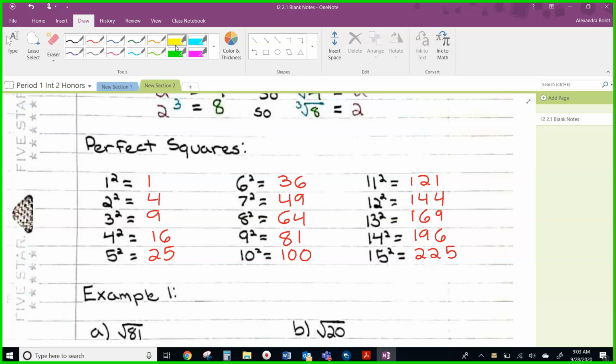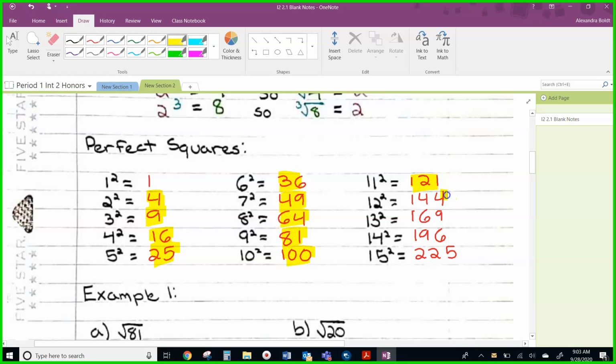And I would say for the most part, you're going to want to have these memorized to an extent. It doesn't have to be perfectly memorized, but be able to recognize them and use them. And really the most important ones are past 1. We don't care about 1 as much.